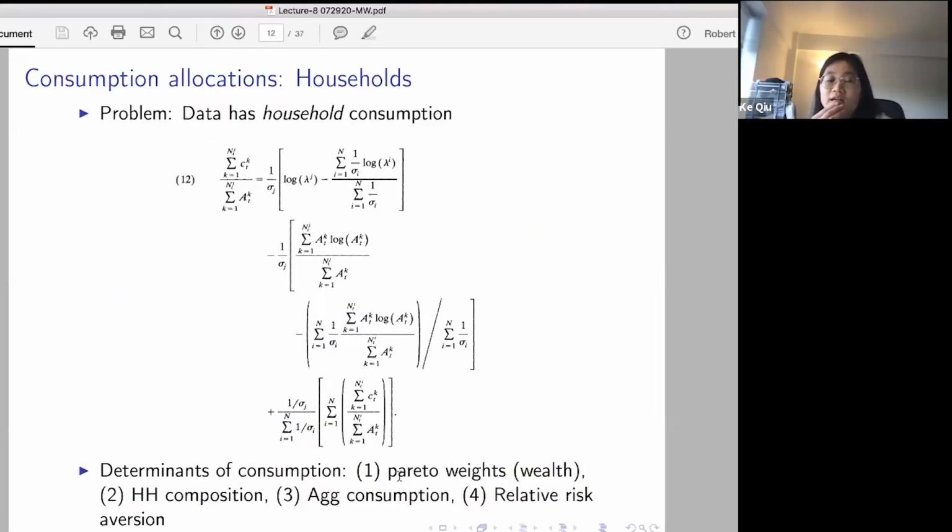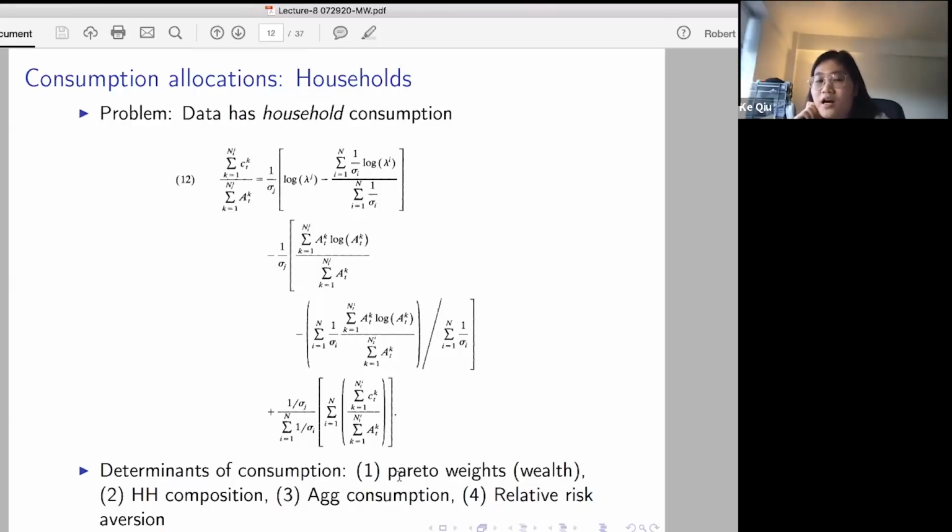So in this model, we assume the sample is large enough. That is why we think that the idiosyncratic shocks will not affect each household's consumption.